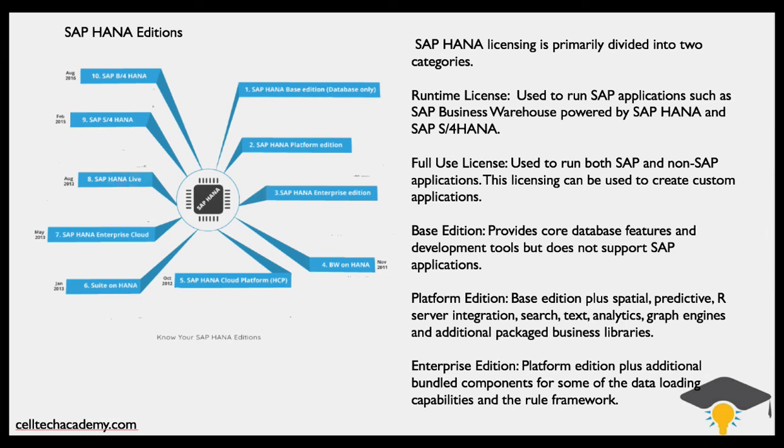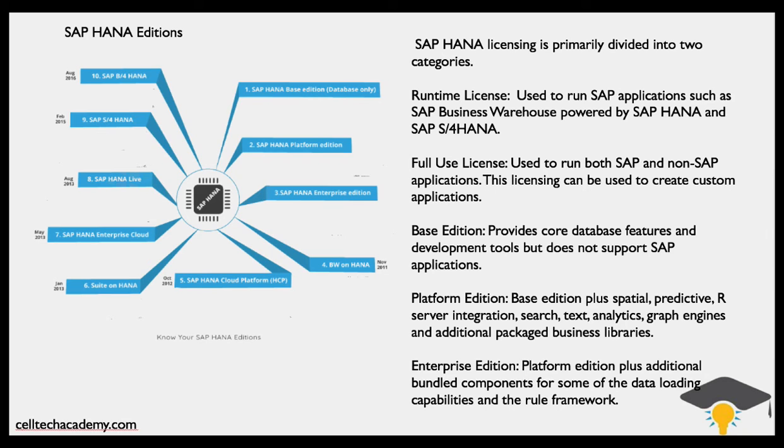And full use license is nothing but both SAP and non-SAP applications, where you could create your own custom application on it. So it's just like your car. You can buy your base edition, and then if you want to upgrade certain things like navigation or self-driving, those kinds of things. Similarly, in SAP, you could have those upgrades done based on your organization's needs.